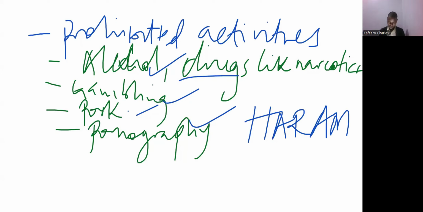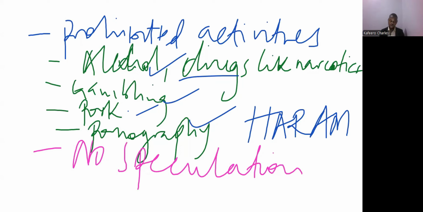So the same way we deal with interest is the same way they deal with these prohibited activities. They are not supposed to be involved in those activities. Now, the other is no speculation.